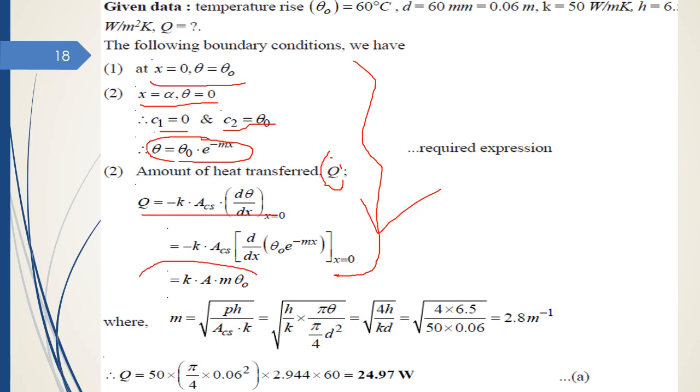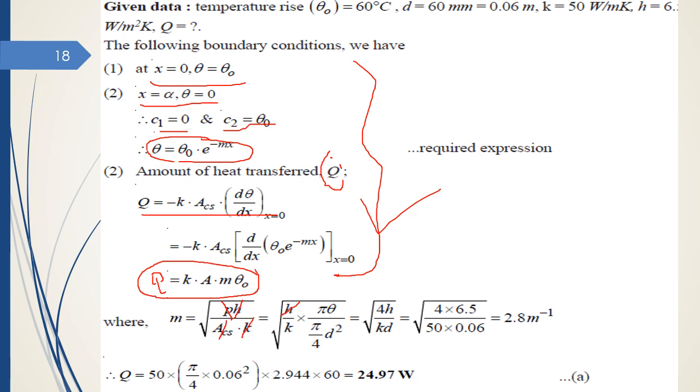Based on that we will get Q equals kA m theta 0, where m is under root of hP divided by AK, where h is the convection heat transfer coefficient, A is the cross section area, P is the perimeter, K is thermal conductivity.